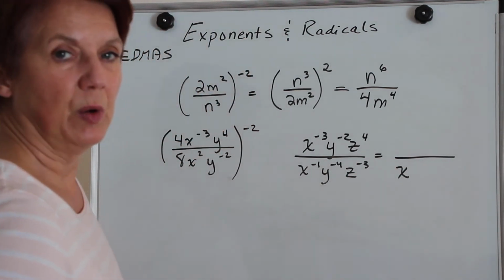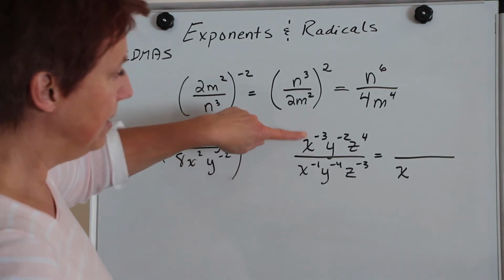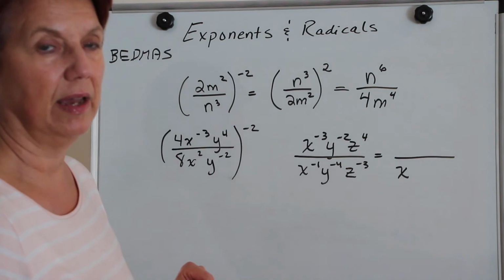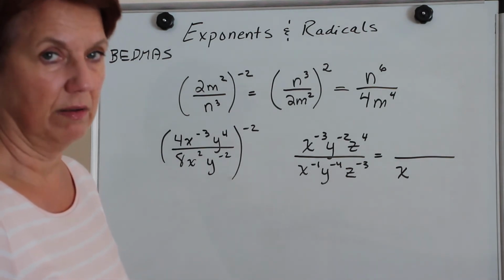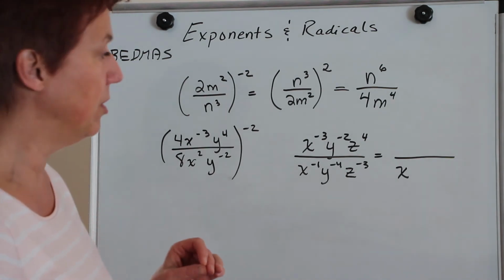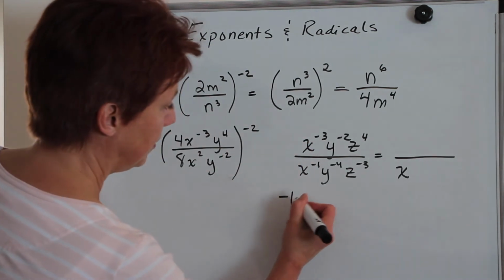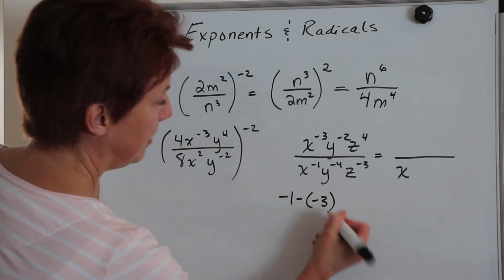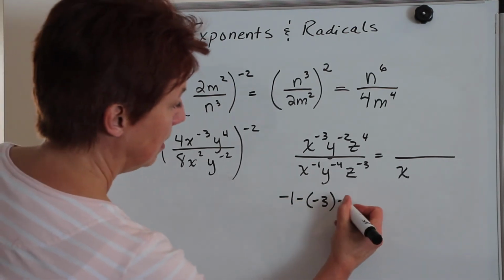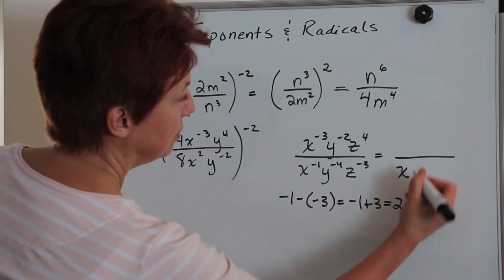Now, what is the exponent? Well, what we're doing is going -1 minus -3. Okay, it's not -4. That would be -1 minus 3. So you have to really watch your number line work here. -1 minus -3. Here's what we're doing. -1 minus -3, which is -1 plus 3, which is 2.